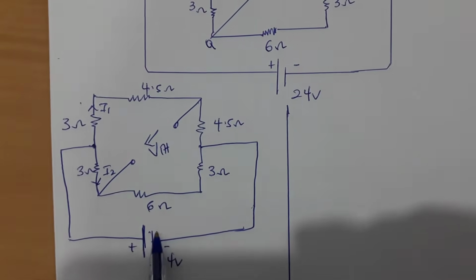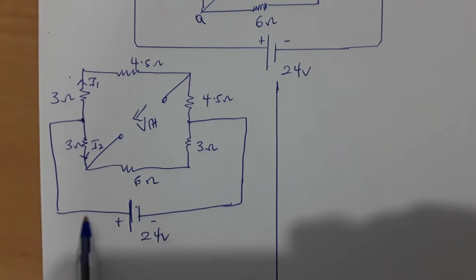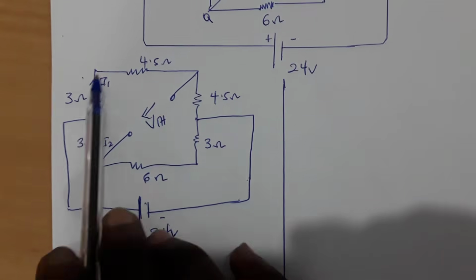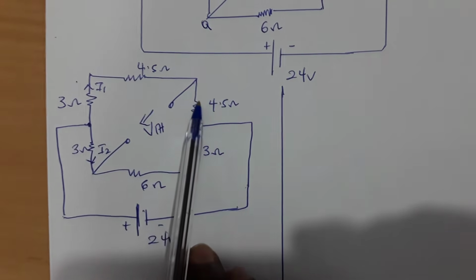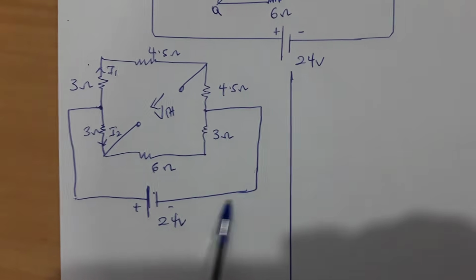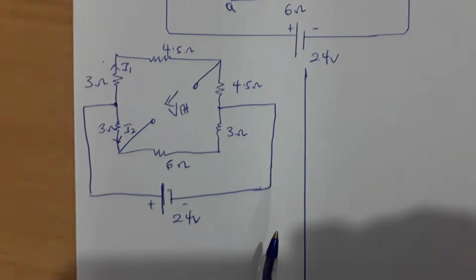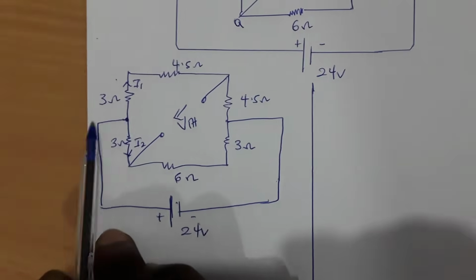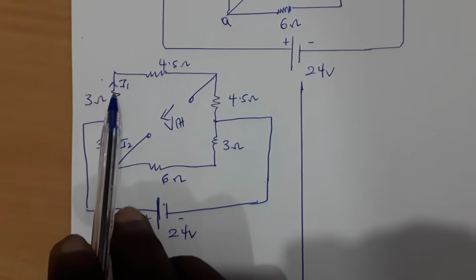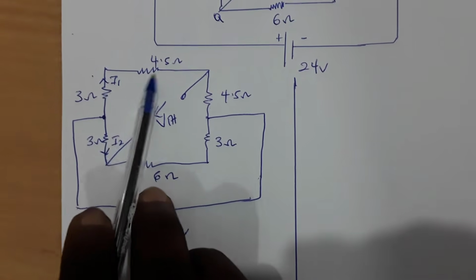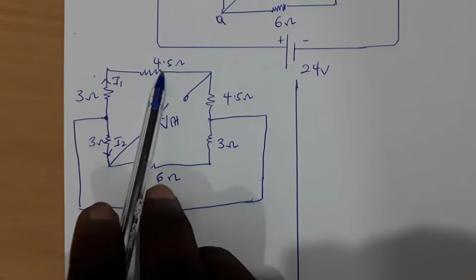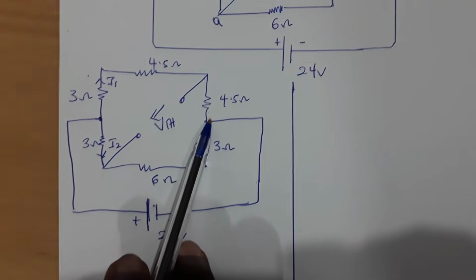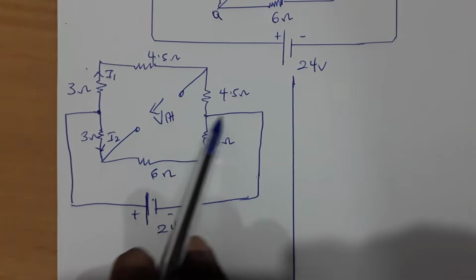So let's see, we can take this loop and write an equation for I1. I1 will flow through this 3 ohm, through this 4.5 ohm, and through this 4.5 ohm like this.